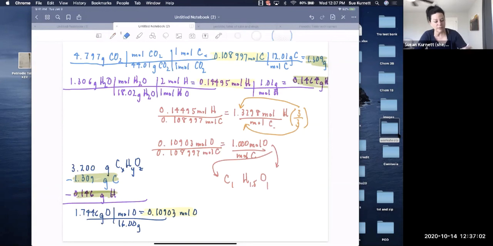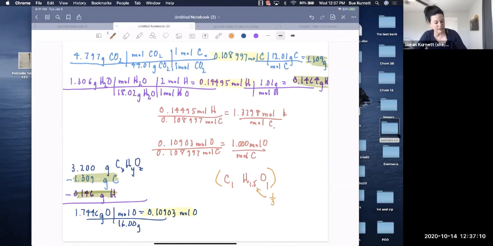So you may prefer to look at it this way. I'm going to take this whole idea, and because that looks like 1/3, I'm going to multiply everything by 3. And when I do that, what I get is C3H4O3.